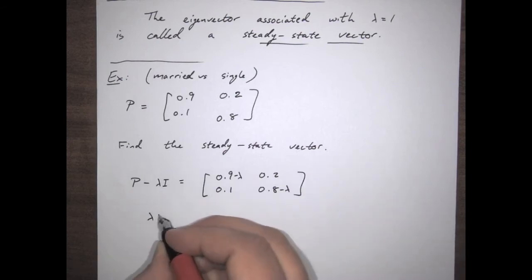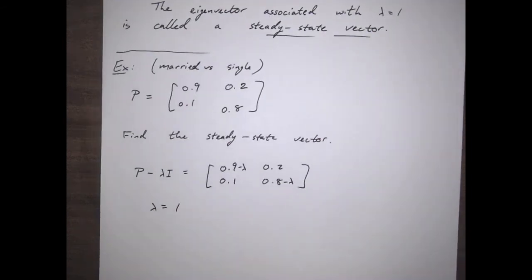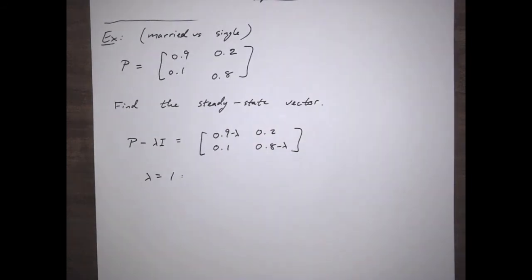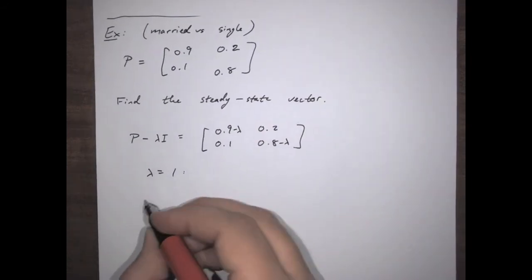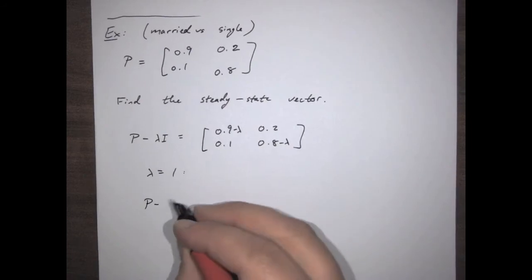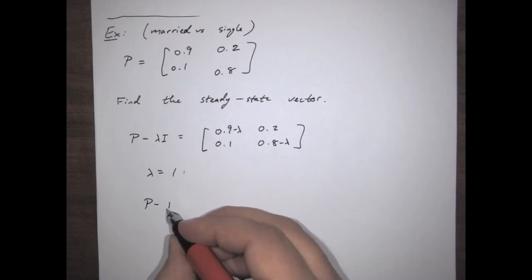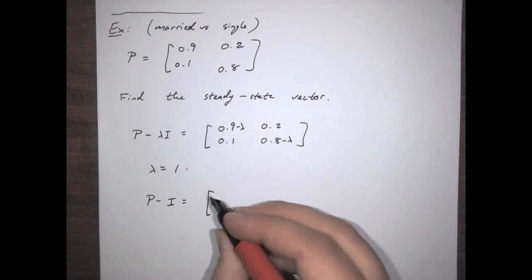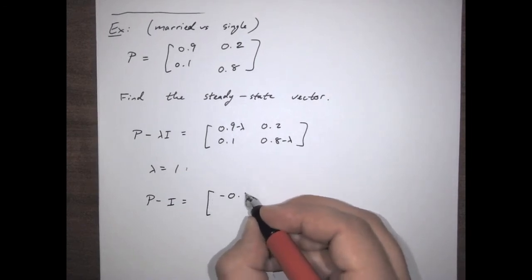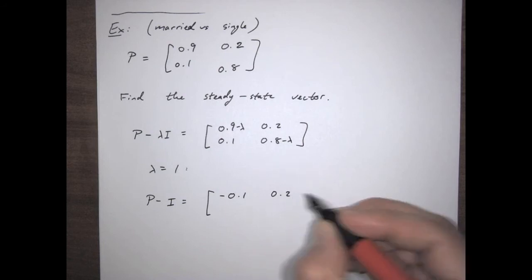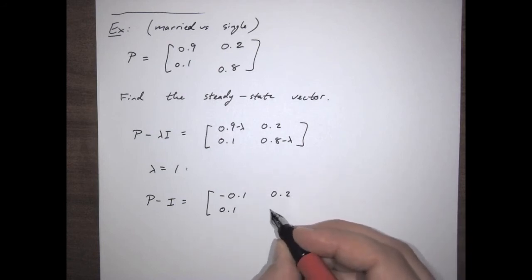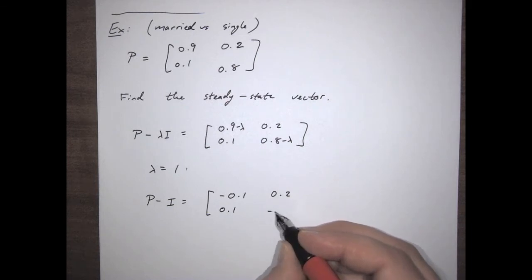Now for lambda equals 1, which we are always told is going to be an eigenvalue here, P minus I is just going to equal negative 0.1, 0.2, 0.1, and then negative 0.2.